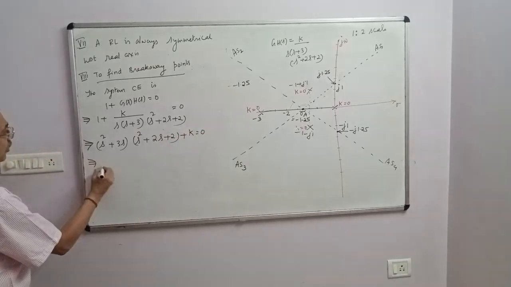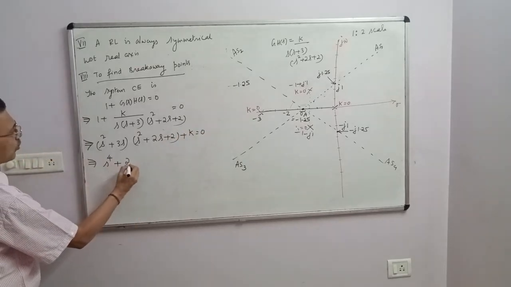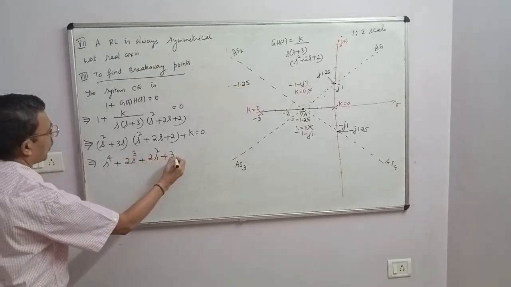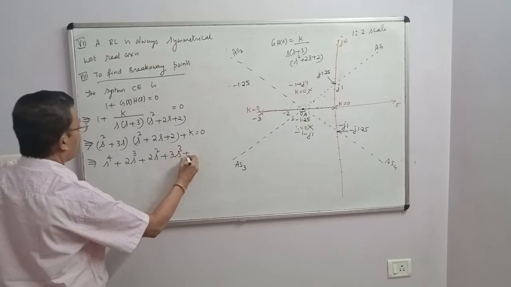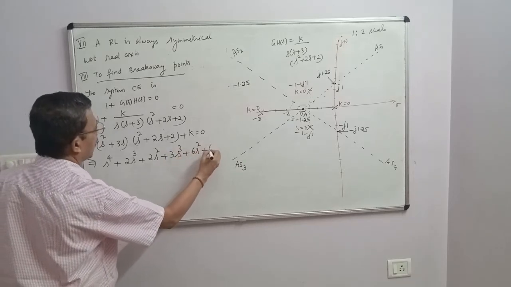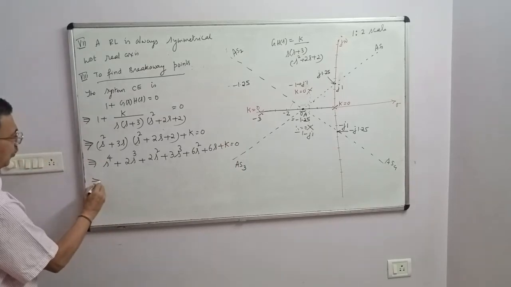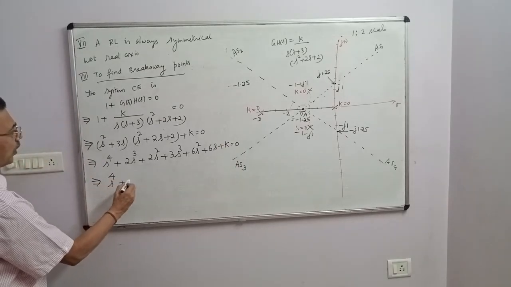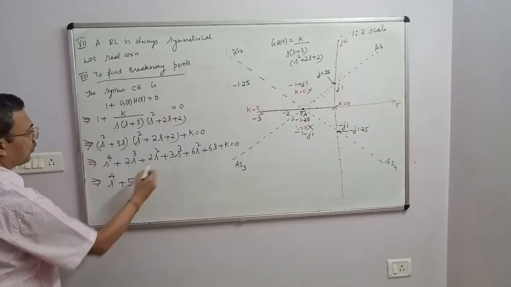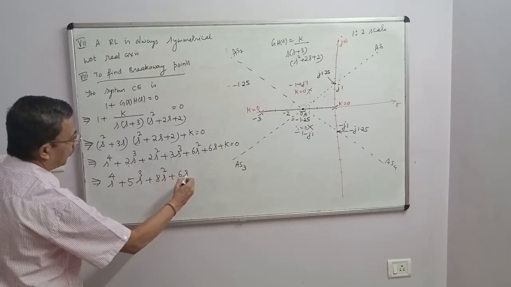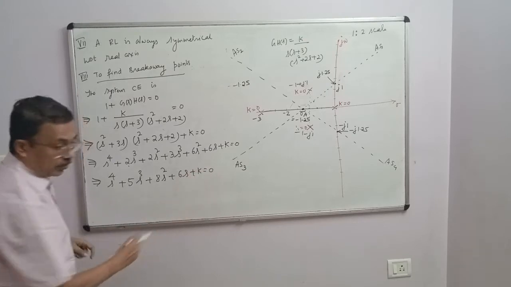Remove the brackets. You get s to the power 4 plus 2s cube plus 2s square plus 3s cube plus 6s square plus 6s plus k equal to 0. This implies s to the power 4 plus 5s cube plus 8s square plus 6s plus k equal to 0.